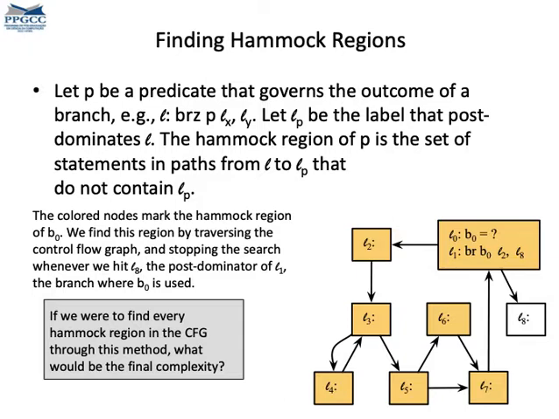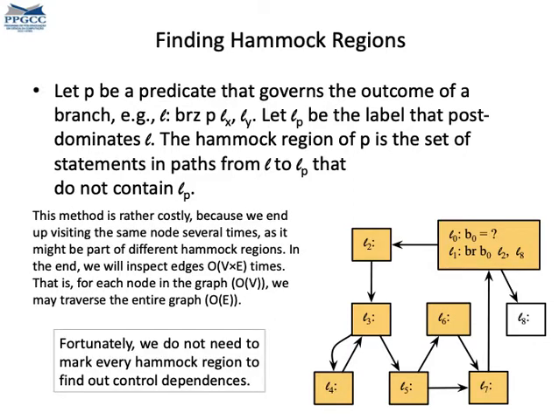We can define the Hammock region using the notion of post-dominance. Every path from a branch to the post-dominator of that branch forms the Hammock region. You can check this fact in the example. Notice that L8 is the post-dominator of the block that contains the label L1.